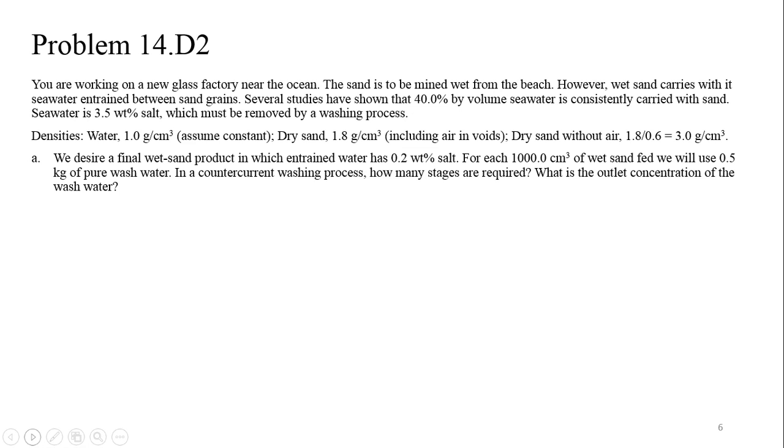And we're told here that for each 1,000 cubic centimeters of wet sand fed into the system, you use 0.5 kilogram of pure wash water. So in a countercurrent washing process, how many stages would be required to carry this out, and what's the outlet concentration of the wash water?